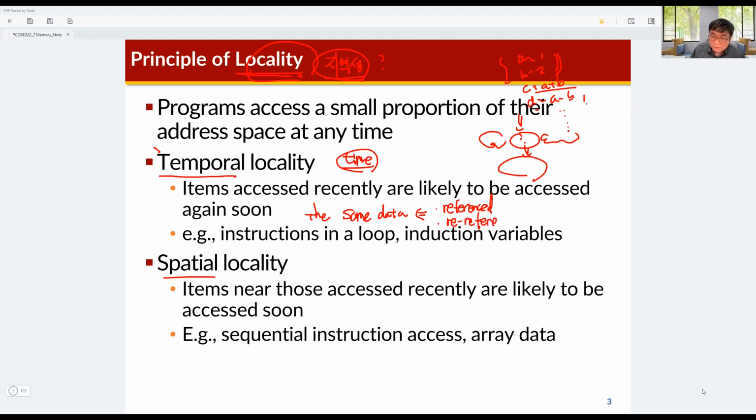So that means the same data will be reused with a high probability in our code.